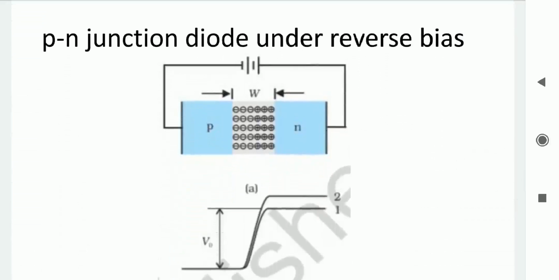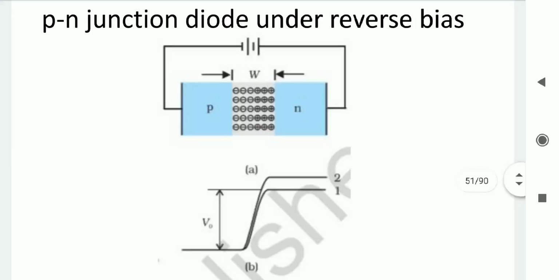Reverse biasing means the given external voltage in which the positive terminal of the supply is connected to the N-type semiconductor and the negative terminal of the supply is connected with the P-type semiconductor, as we can see in the diagram. So here, this applied voltage is available across the depletion region. Now this applied voltage direction is the same as the barrier potential.